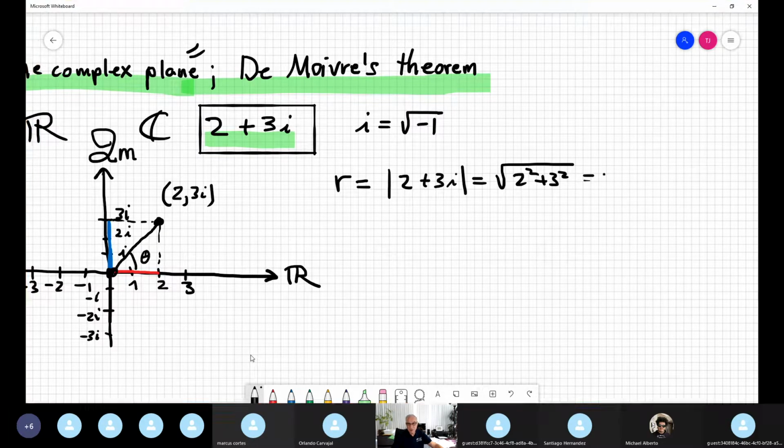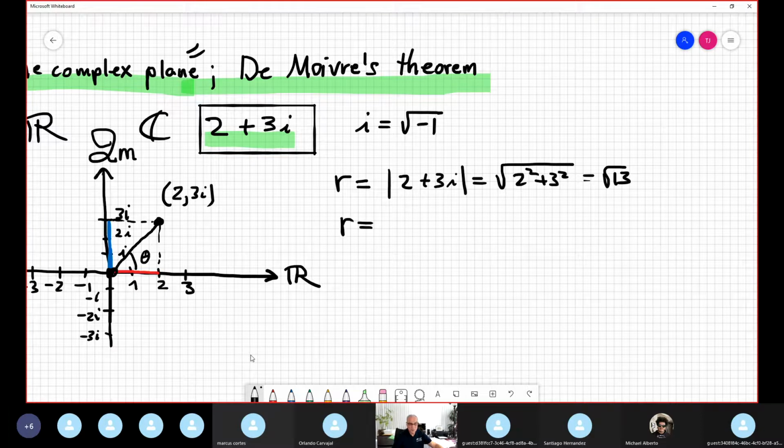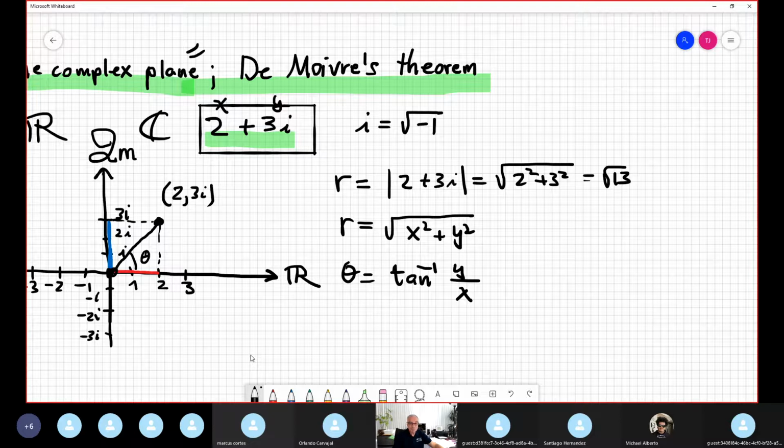But this is not important. The number is not important. So basically, to compute r is the square root of the component x squared plus the component y squared. And theta, which is the angle, is the tan inverse of y over x. y is like the imaginary part, and x is the real part.